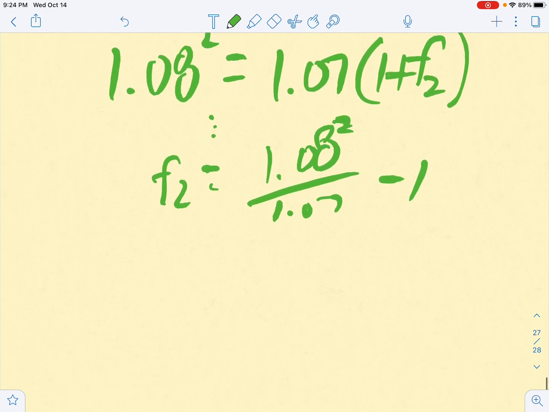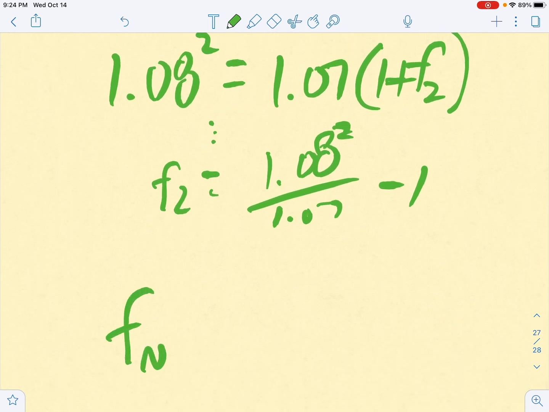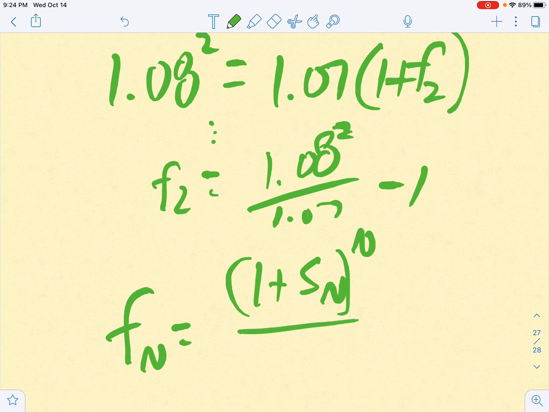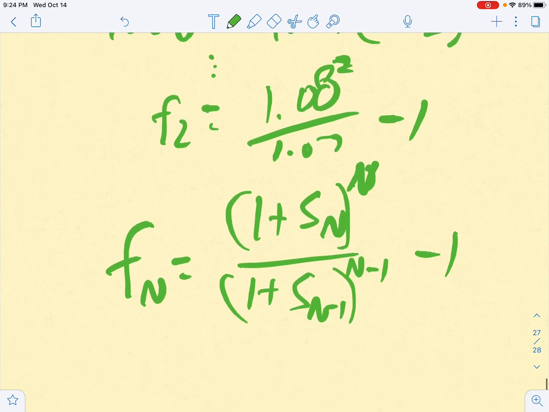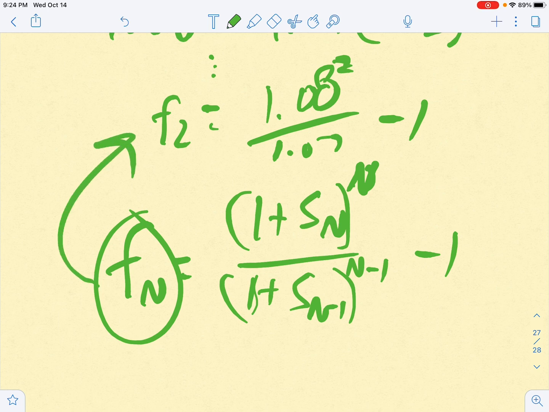More generally, the forward rate over the nth period is 1 plus the n-period spot rate to the nth power over 1 plus the n minus 1 period spot rate to the n minus 1 power, minus 1. Okay? And that is going to be the formula for the forward rate. You can see that if you plug in 1 and 2, this becomes this.